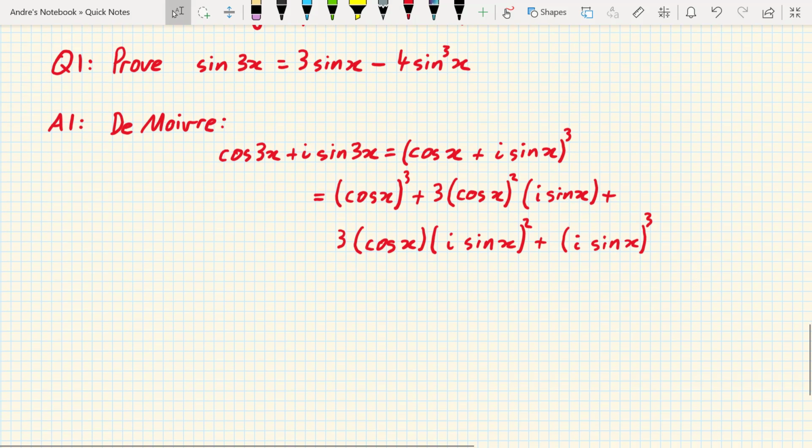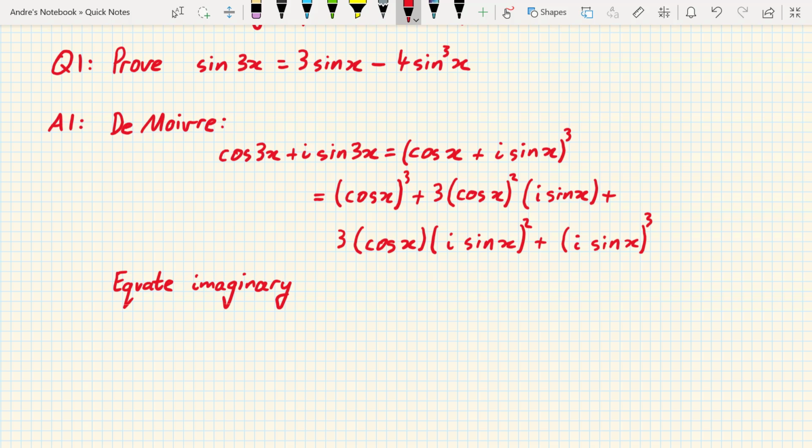Now we've got an equality here. That means that both the real and the imaginary parts are equal. What we want are the imaginary parts. So, equating the imaginary parts, we can ignore on the left-hand side cos 3x and on the right-hand side any terms which are real. So what that gives us is that sine 3x is equal to 3 cos squared x times sine x minus sine cubed x.